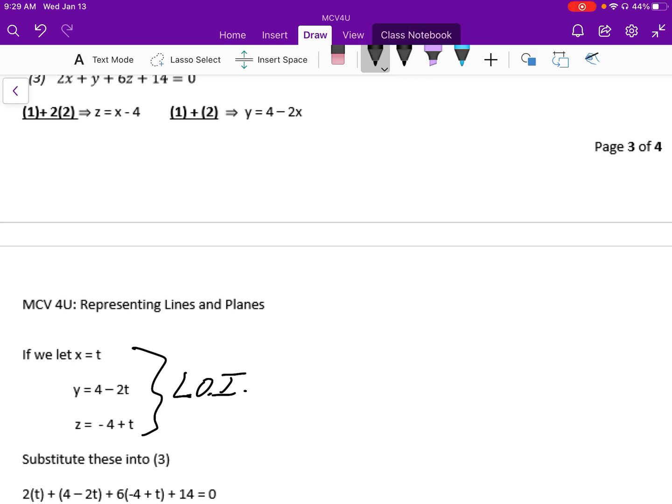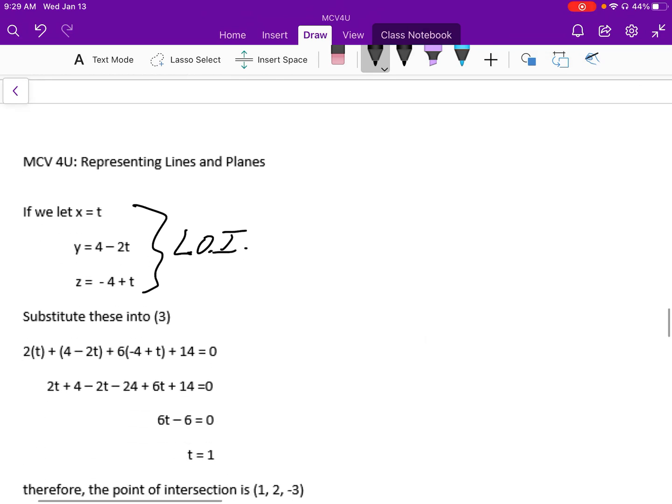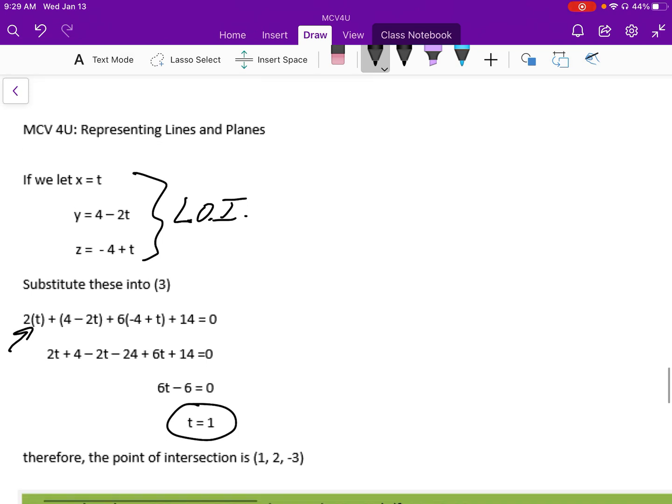You substitute these parametric equations, the x, y, z, into the third equation, the third plane, and it tells us that the t value is equal to 0. So we put the t back in and we get our ordered triple. We get our point of intersection, okay? That's the idea. That's what we're doing today, okay?